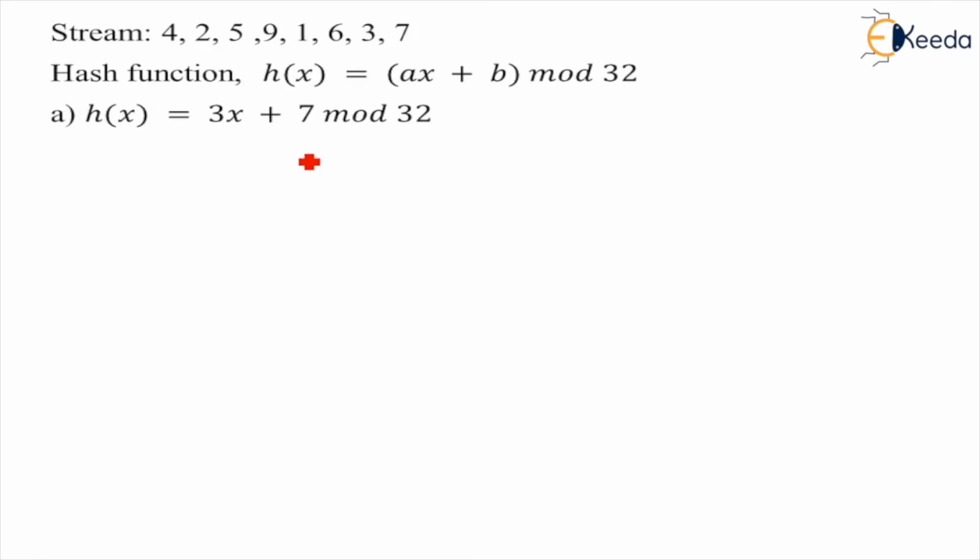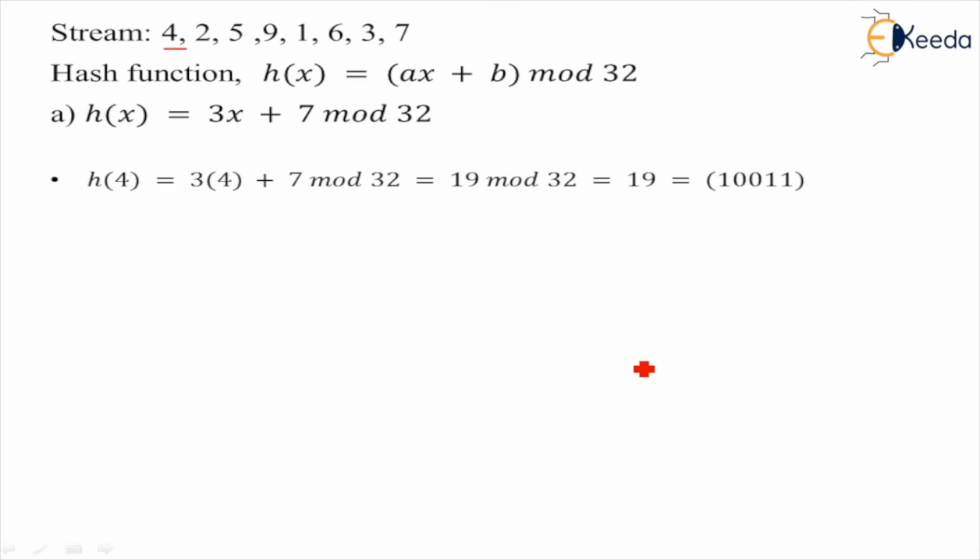We will solve with the help of the first hash function. We consider the first value as 4. Placing it into the function, 3 into 4 is 12, plus 7 is 19, and 19 mod 32 gives 19 as the remainder because 19 is not divisible by 32. We write the equivalent binary number.